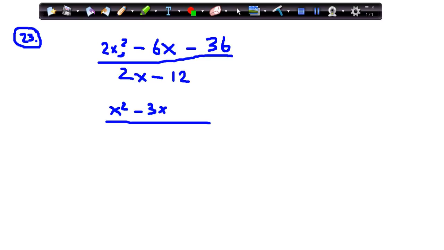And 36 divided by 2, but that's a negative 36, so it'll be a negative 18.